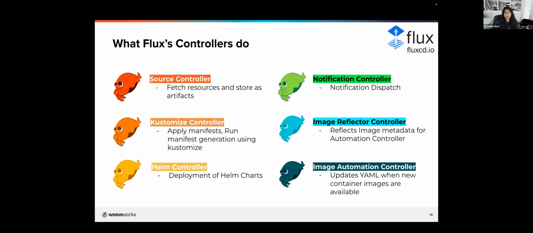It specializes in handling inbound and outbound events as well. The image reflector controller reflects image metadata for the automation controller, and the image automation controller updates YAML when new container images are available. So those two work together to update a Git repository when new container images are available.